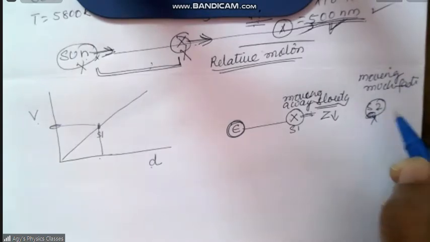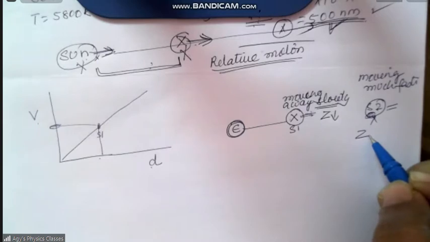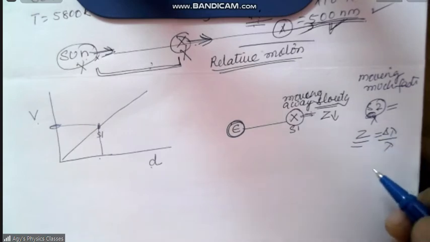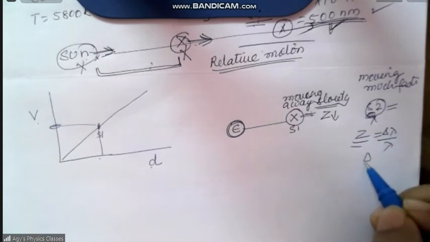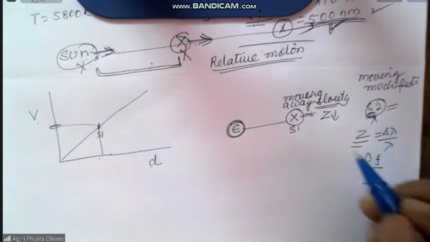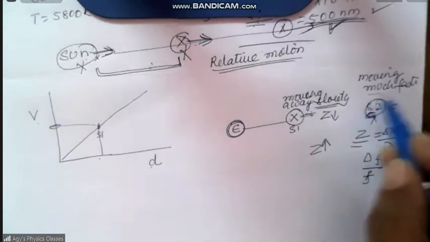Why? Because of its Z value. What is Z? Doppler shift. How will you calculate the Doppler shift? Change in wavelength by original wavelength, or change in frequency by original frequency. So if the redshift is more, that means it is traveling faster.